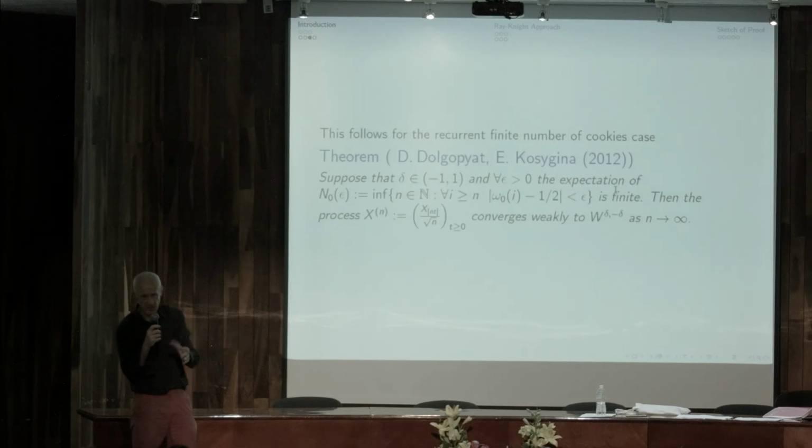Of course, there's going to be a couple of exceptions, but basically you're going to eat up most of the cookies, so most of the sites you visit will have no cookies. So your martingale, if you look at the variance or the bracket process, whatever you want to call it, your martingale will converge to Brownian motion when you've renormalized it.